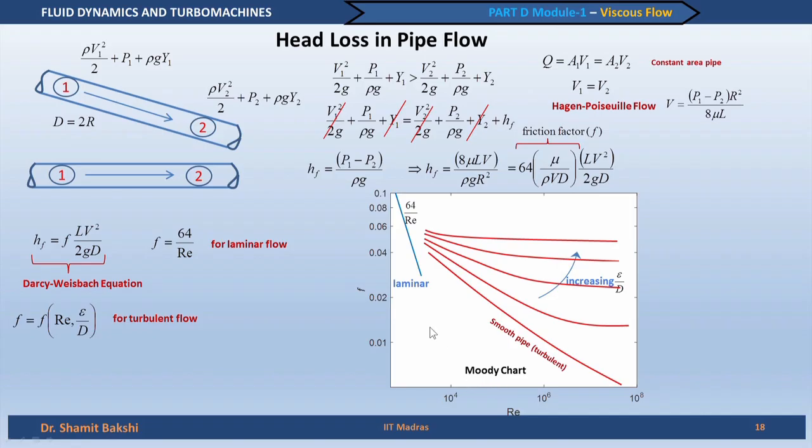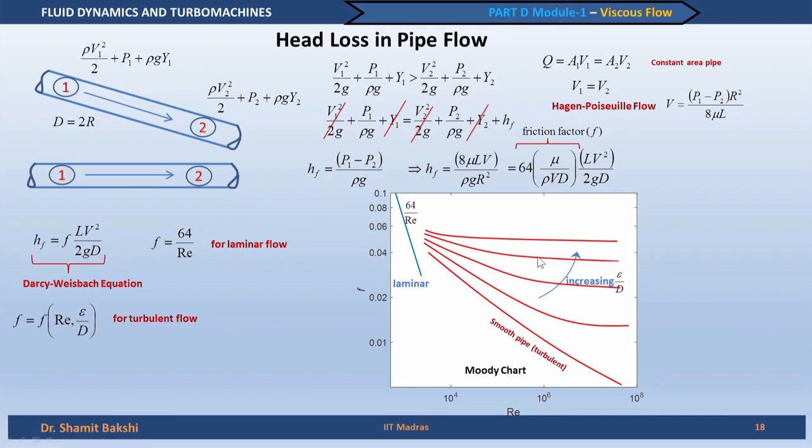It is very useful as a design tool in the industry, because you can select your pumps, your pipes, your flow rate, and specify the roughness of your pipe. Or if you know the roughness of the pipe and the pressure head that your pump can generate, you can find out what flow rate is possible using a particular pump. So, it has a lot of application.